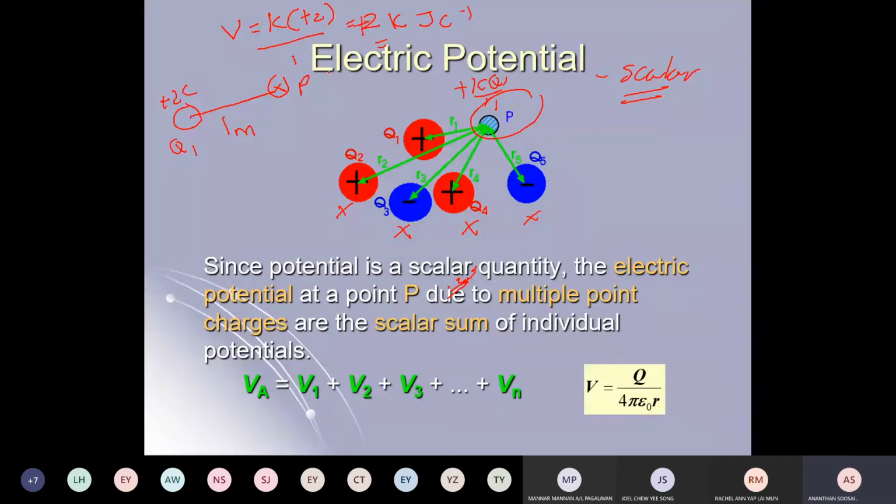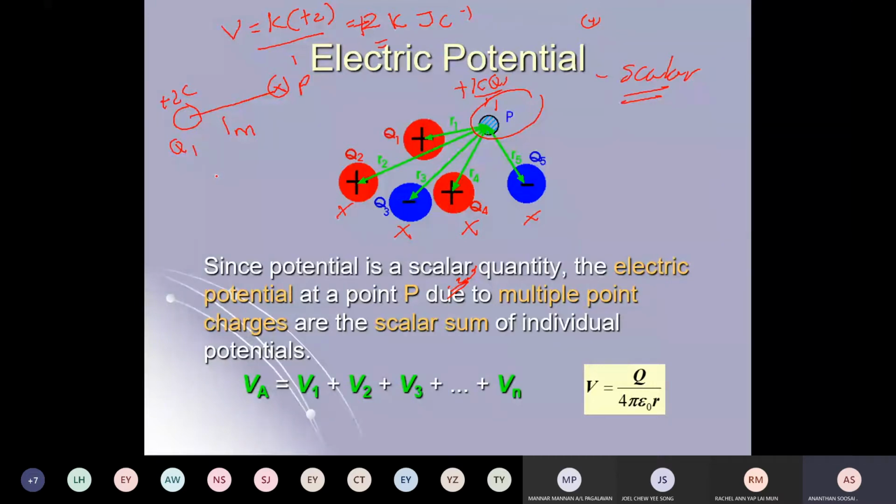So to bring a positive test charge from infinity to that point, the potential you gain is positive. That means you have to do positive work to come over here, because this positive charge is going to repel you. So you have trouble coming closer.